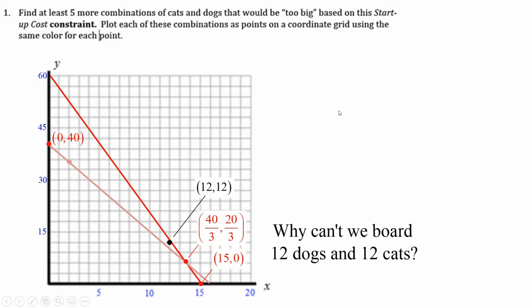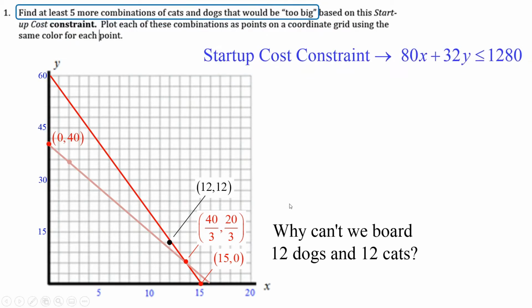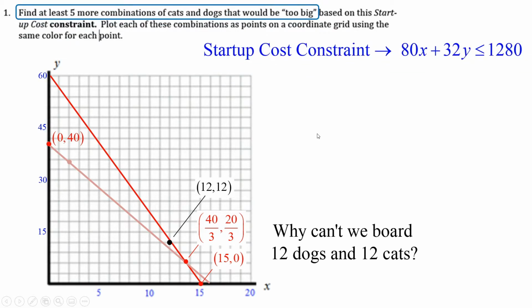Okay, so now, number one, find at least 5 more combinations of cats and dogs that would be too big based on the startup cost constraint. Okay, first, too big. I want to make sure I know which boundary line is represented by the startup cost. So let's just check the intercepts here.